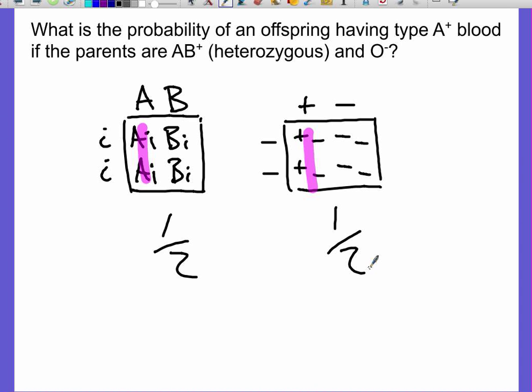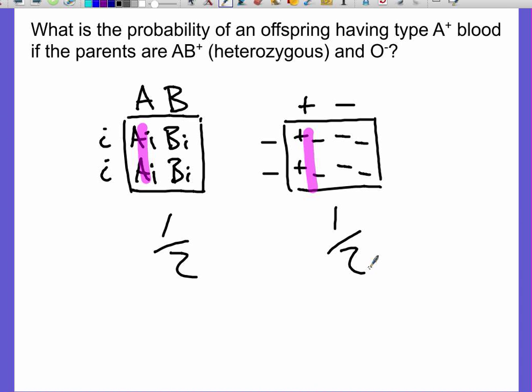Now, I used two different Punnett squares and I need to combine those probabilities. I can't just add them together and say that 100% of my offspring are going to be A positive. I can't just leave it the way it is because half of them aren't going to be A positive either.